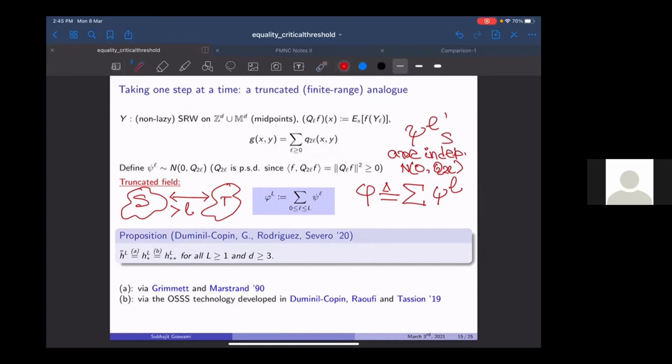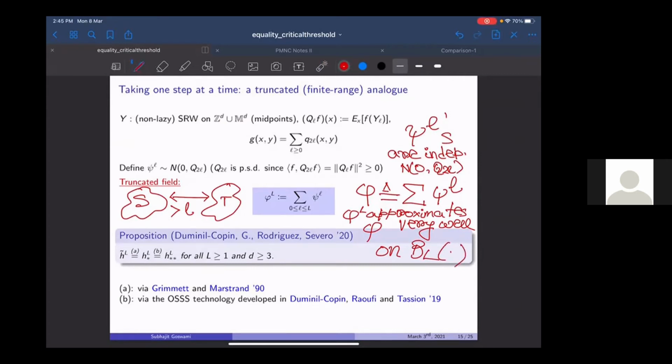You can show that phi_L approximates phi very well, but on boxes of size length L, maybe a bit bigger than that, but around that, on B_L.